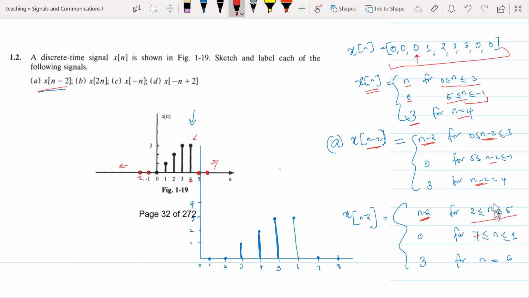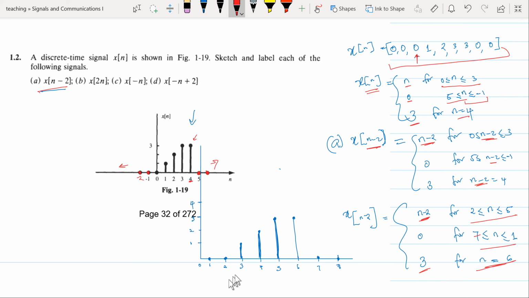This is 7 plus 2 here. You have 7 is less than or equal to n, and n is less than or equal to 1. So we are actually defining that range. And lastly, x of n minus 2 will be 3 when n is equal to 6.